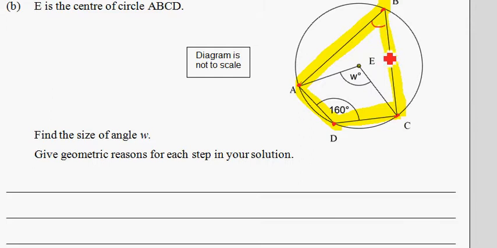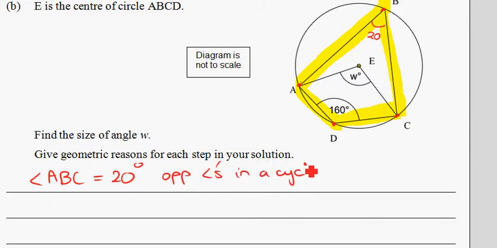So in a cyclic quadrilateral, opposite angles add up to 180. 160 plus 20 would be 180. So angle ABC is going to equal 20 degrees, and that's because opposite angles in a cyclic quad sum 180.